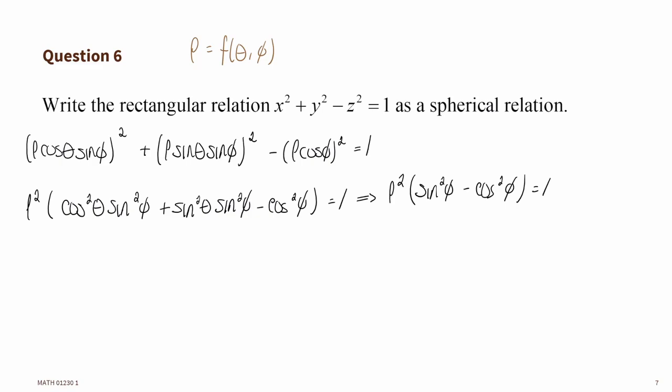That can still be simplified. Cosine of 2 phi. Negative cosine of 2 phi.